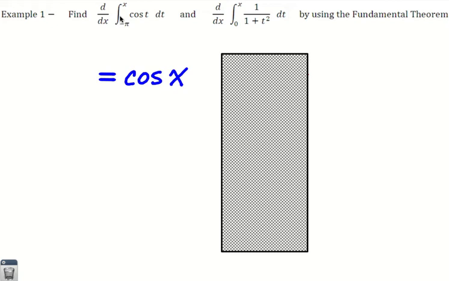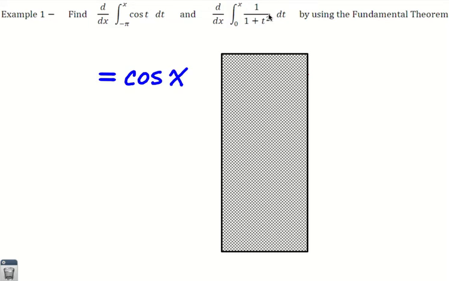The derivative of the integral from some number to x of f of t dt is just going to be equal to f of x. So you're just basically plugging x into the t. And that's it.